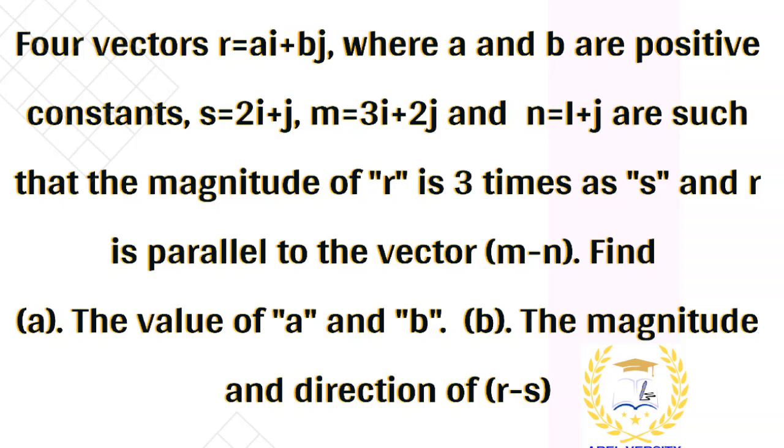And they are such that the magnitude of r is 3 times that of s and r is parallel to the vector m minus n. That's the vector difference. Find the value of a and b. Then the second question there is calculate the magnitude and direction of r minus s.